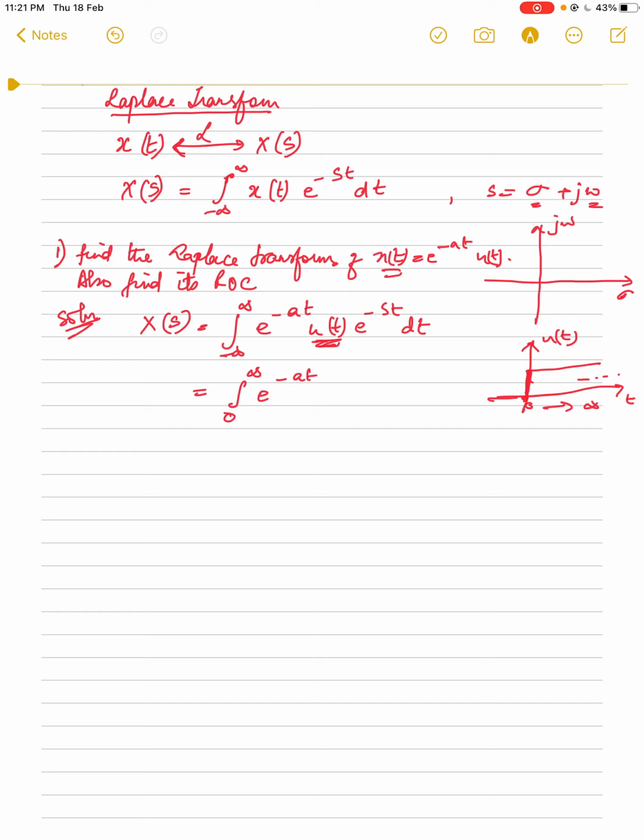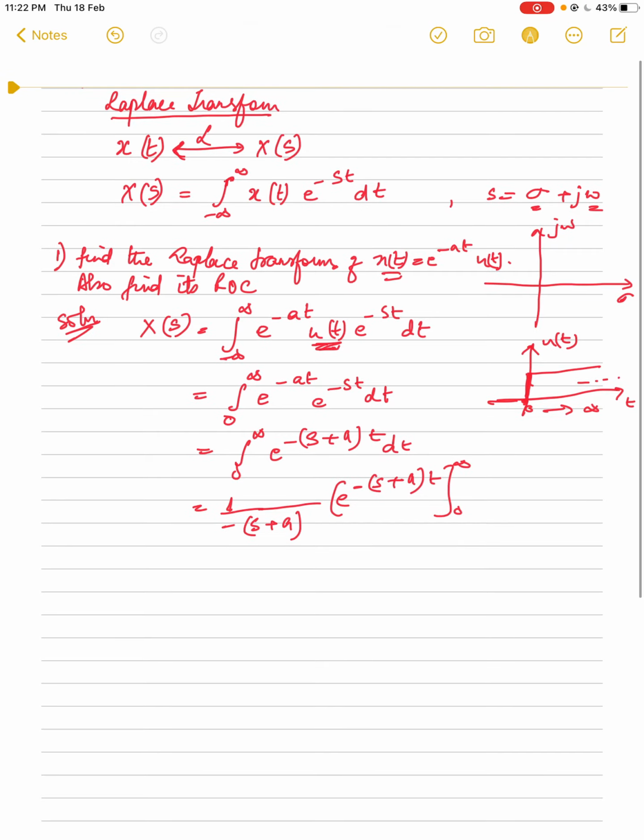So it becomes e to the power minus a t into e to the power minus s t dt, which is equal to integral from 0 to infinity e to the power minus s plus a t dt, which is equal to 1 by minus s plus a e to the power minus s plus a t from 0 to infinity. Now if I substitute this function, it will become 1 by minus s plus a, e to the power minus infinity because of the t, minus e to the power minus 0.